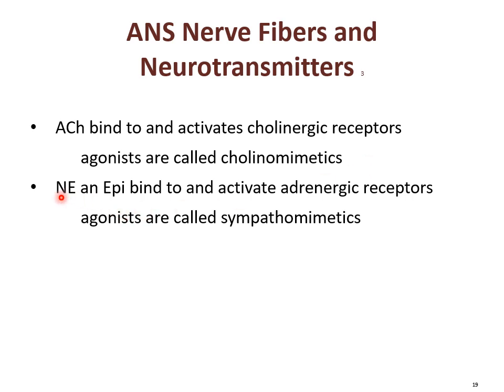Then we have norepinephrine and epinephrine. Remember, norepinephrine is the neurotransmitter, and epinephrine is the hormone released from the adrenal medulla. They bind to and activate what are called adrenergic receptors. I think the term adrenergic comes from adrenal. Either way, when you hear about the sympathetic nervous system, you're talking about adrenergic receptors. The agonists there are called sympathomimetics, sympatho meaning sympathetic nervous system.